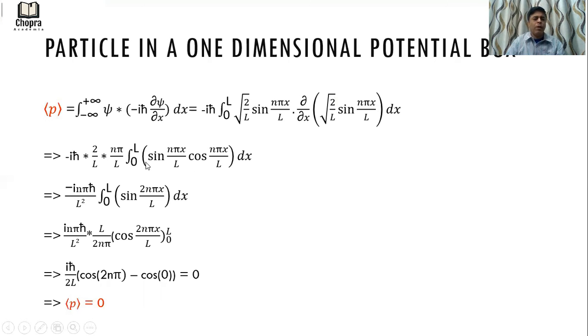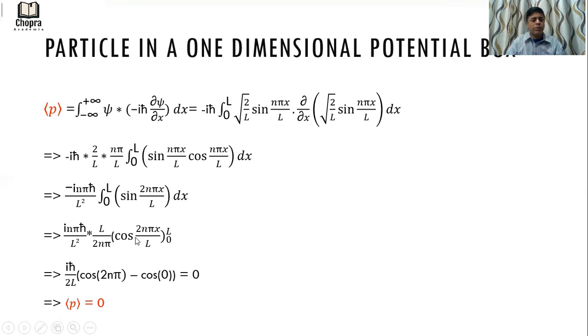Now we use the formula for sine 2 theta, which is 2 sine theta cos theta, and we get some constants outside. So I'm not reading out the constants here. And we get constant times integration 0 to L sine of 2 n pi x by L. Once we integrate sine of 2 n pi x by L, we get the previous constant times L by 2 n pi, which is coming out from this integration.